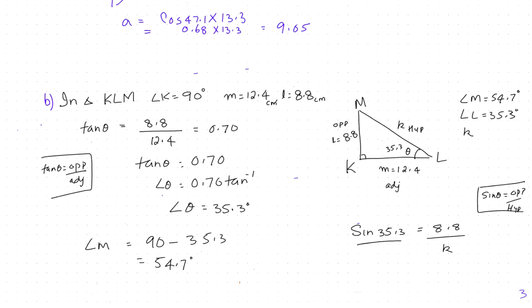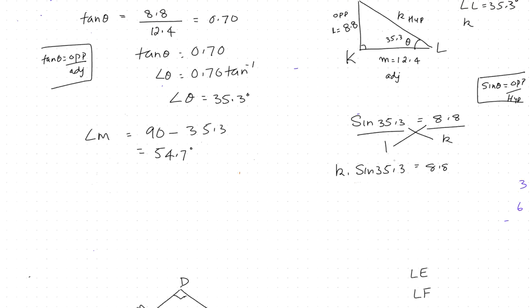K times sine 35.3 equals 8.8. To find K, we divide by sine 35.3 on left side and right side. This cancels. So K equals 8.8 over sine 35.3. The value of sine 35.3 is 0.577.